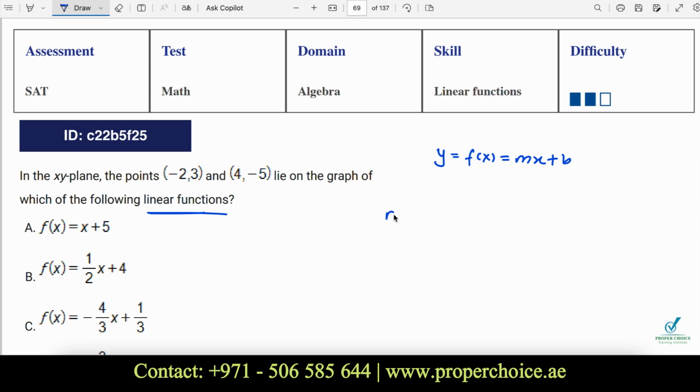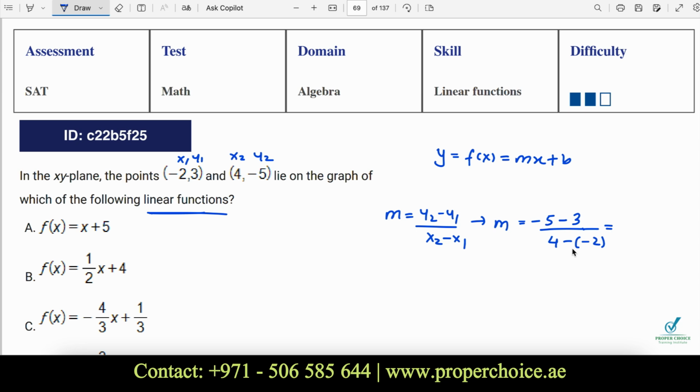To find the slope, we know slope is y2 minus y1 divided by x2 minus x1. So I am assigning this pair of points as x1, y1 and this as x2, y2. Now substitute carefully: m equals y2, that is negative 5, minus y1, which is 3, divided by x2, which is 4, minus x1, which is negative 2.